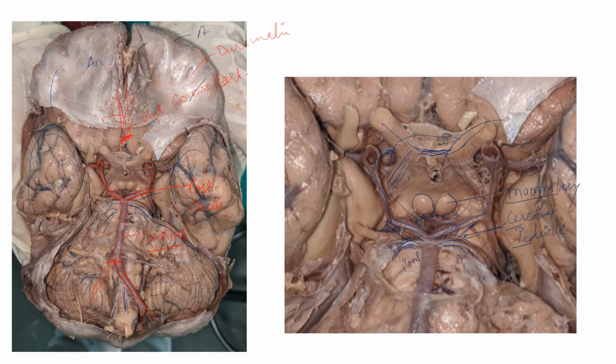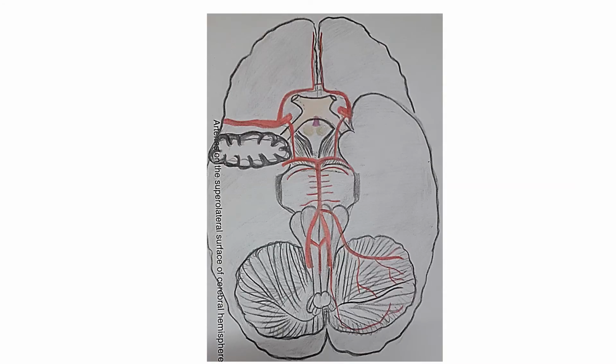The posterior cerebral arteries are united with the posterior communicating artery of the internal carotid artery. This whole circular structure around the interpeduncular fossa is basically the circle of Willis. So this is the location of the circle of Willis, and this is a diagrammatic representation of it.